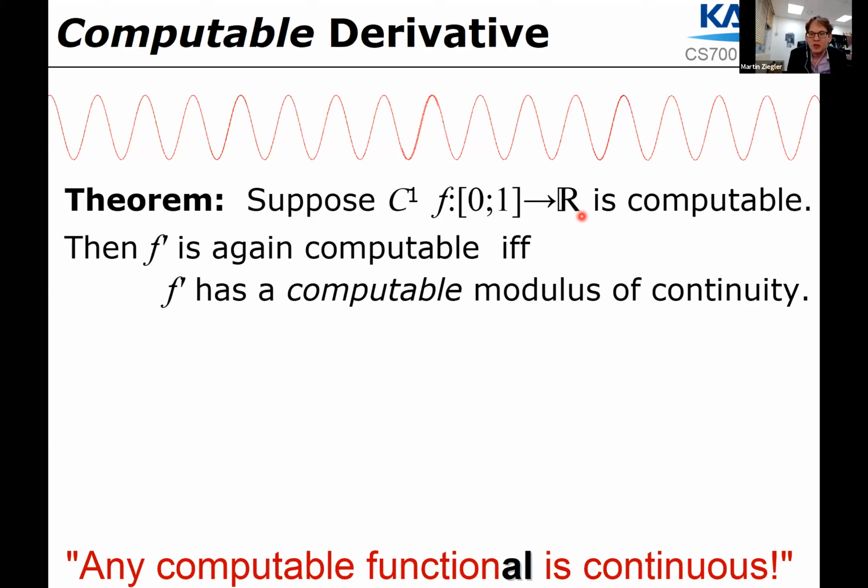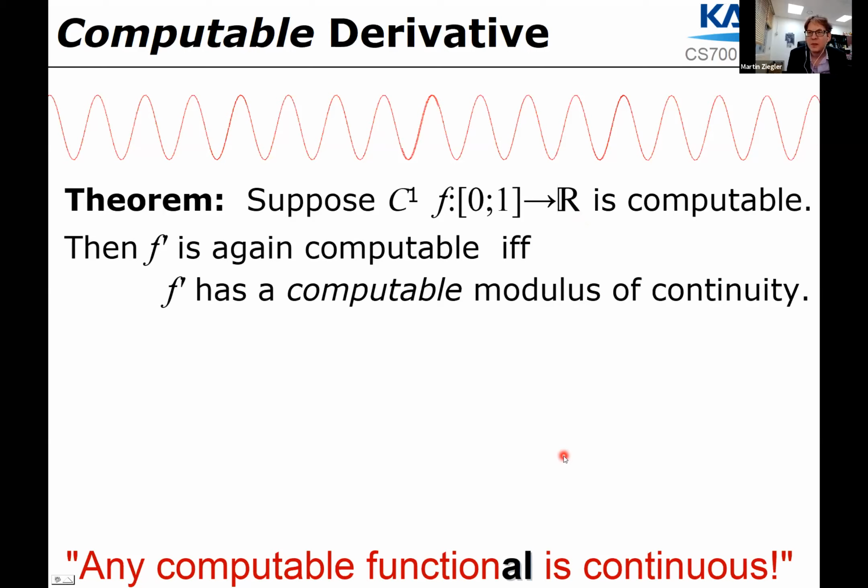continuity. And as you recall, modulus of continuity is a function from natural numbers to natural numbers that quantitatively captures uniform continuity. And one of the three characterizations of computable functions was that any computable function must have a computable modulus of continuity, right?